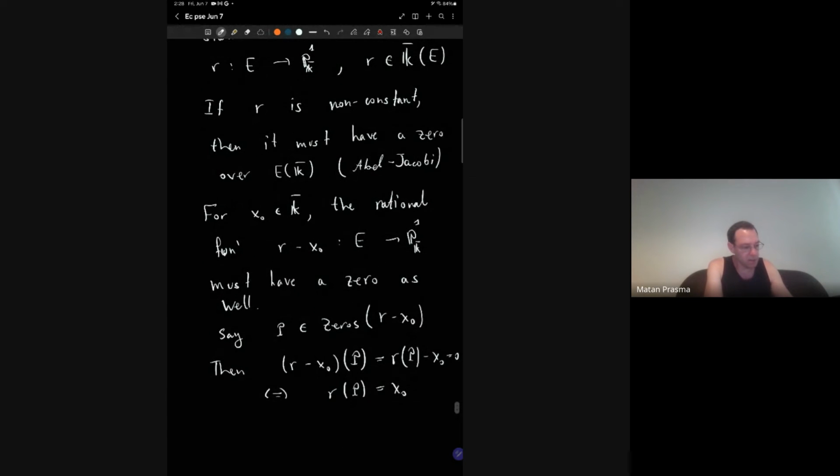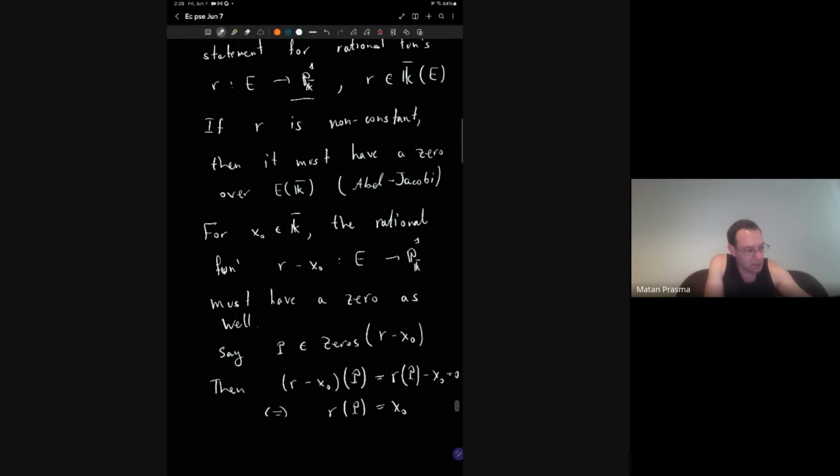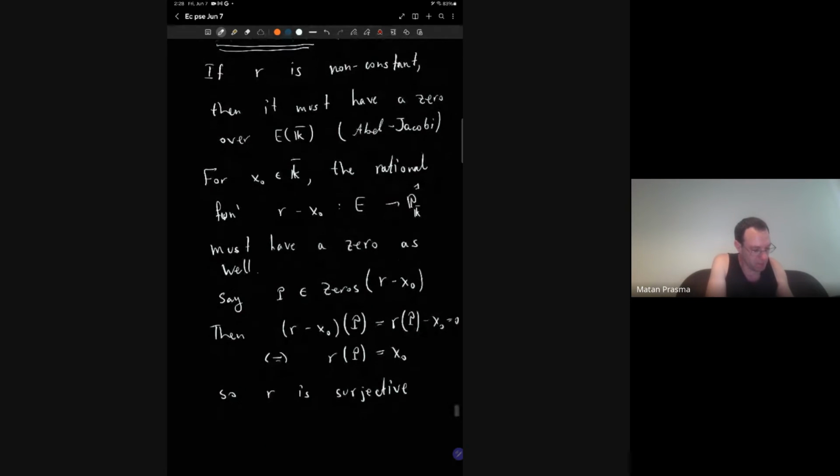So this R is surjective. It's surjective on the projective line. Of course, R, if it has a 0, it must have a pole.